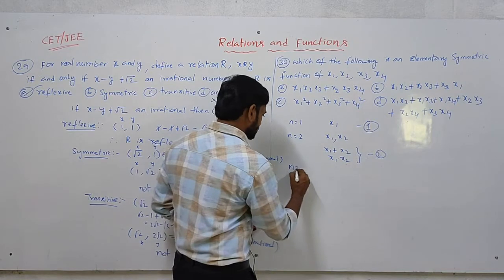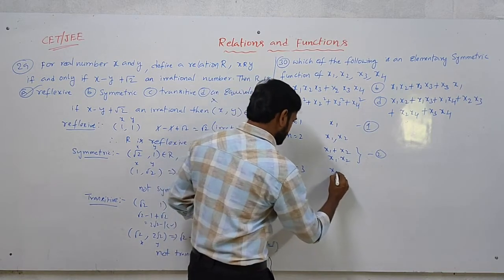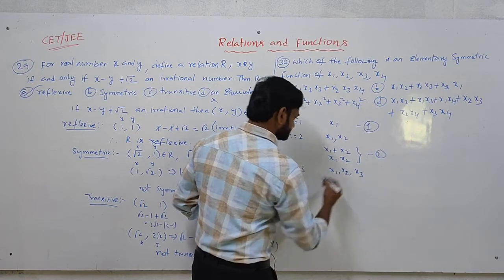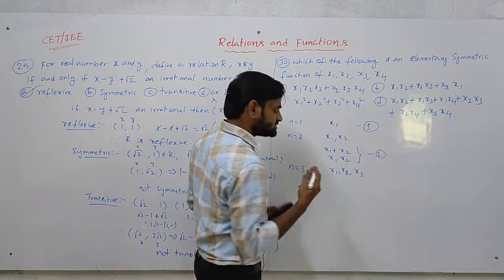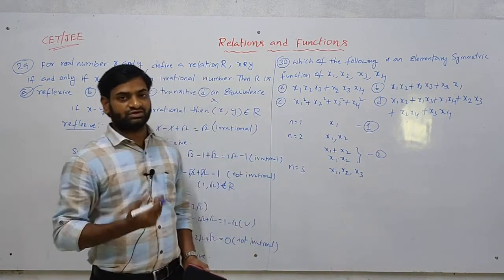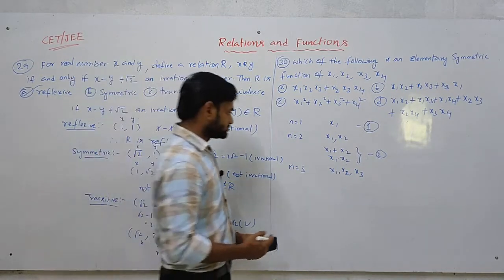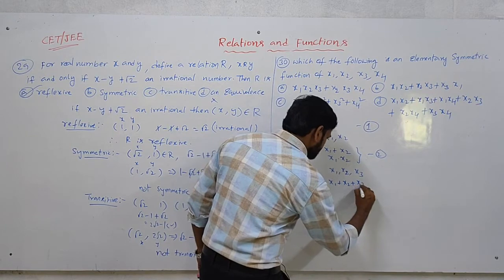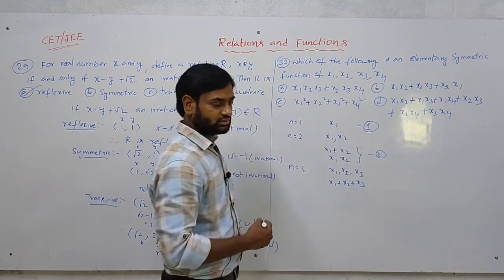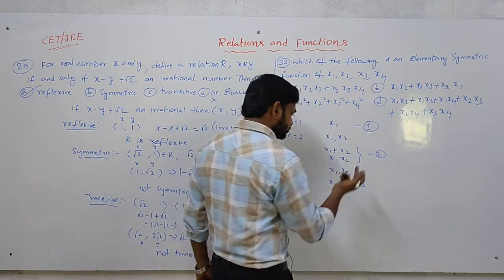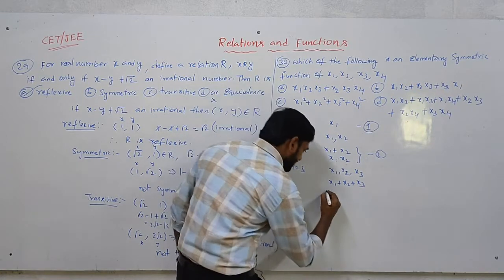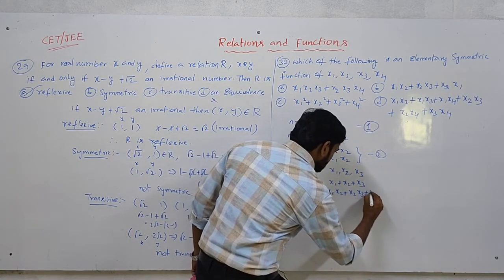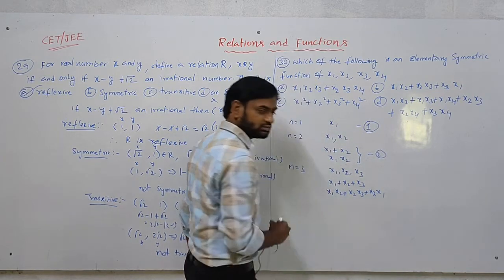Suppose I am taking n equal to 3: x1, x2, x3. So how many symmetric functions can we form? 3 symmetric functions. What are they? x1 plus x2 plus x3, addition. Next, take 2, that is x1 x2 plus x2 x3 plus x3 x1.